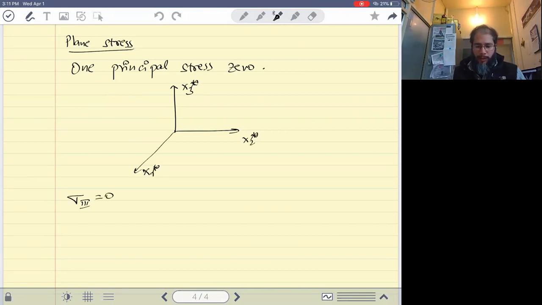Sigma 3 being 0 means that there's no normal stress in the x3 star direction, or the plane that corresponds to the x3 star direction.